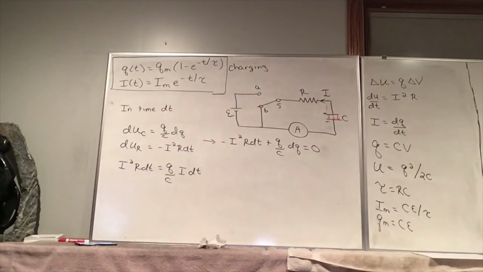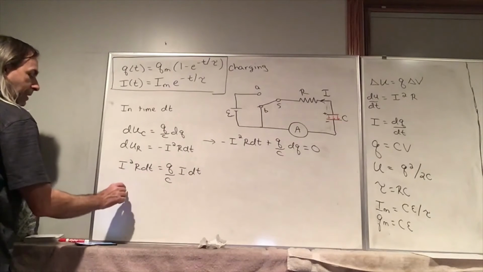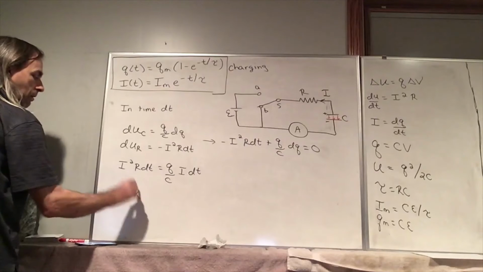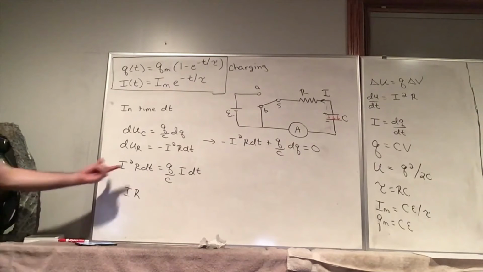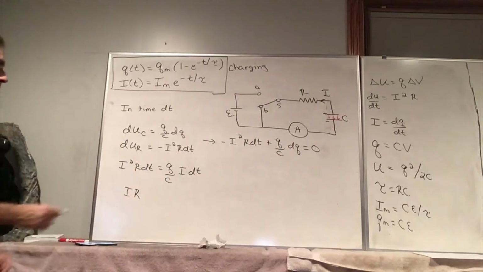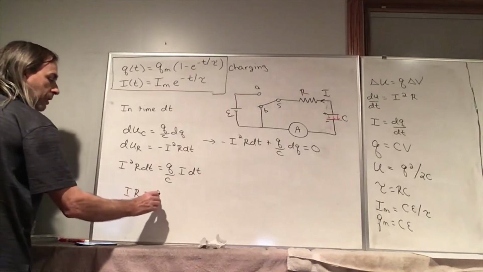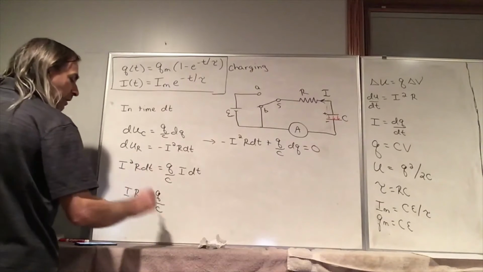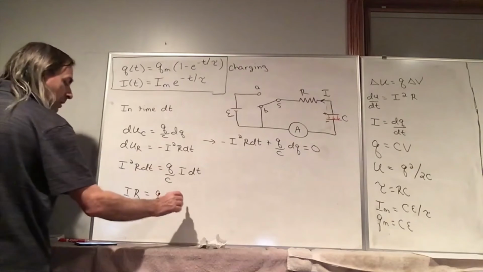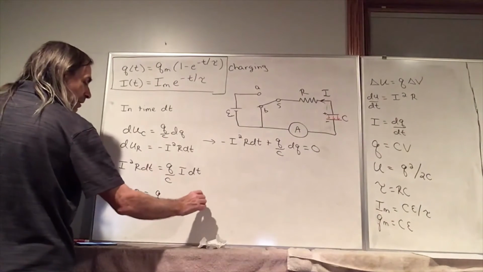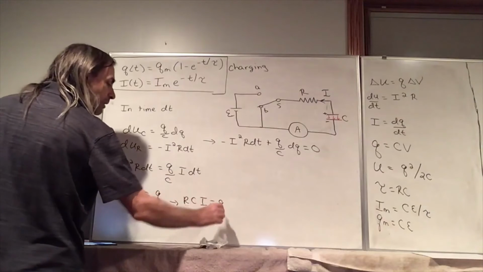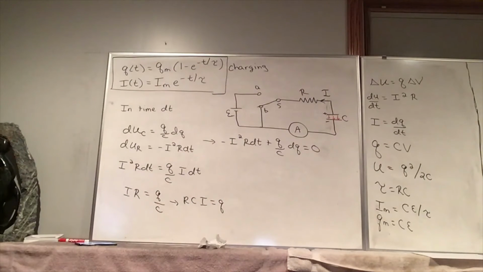And we can cancel out a few things here. We can cancel out an I dt, so we're left with IR, and that's equal to Q over C. Let's multiply by C. We have RC times I equals Q, where RC is the time constant tau.